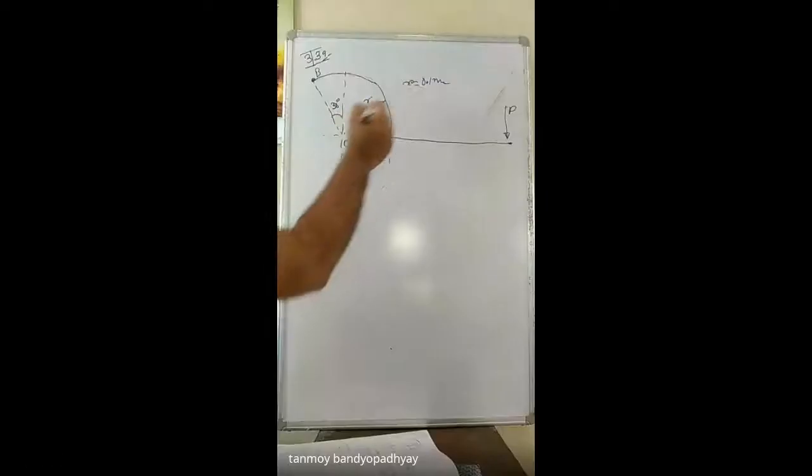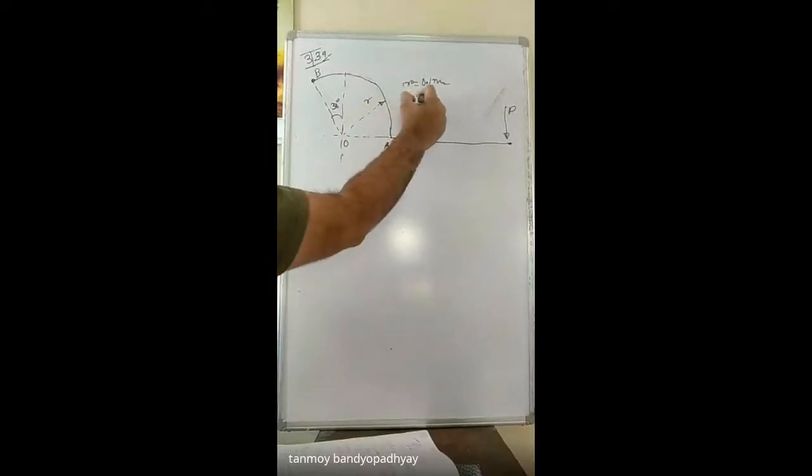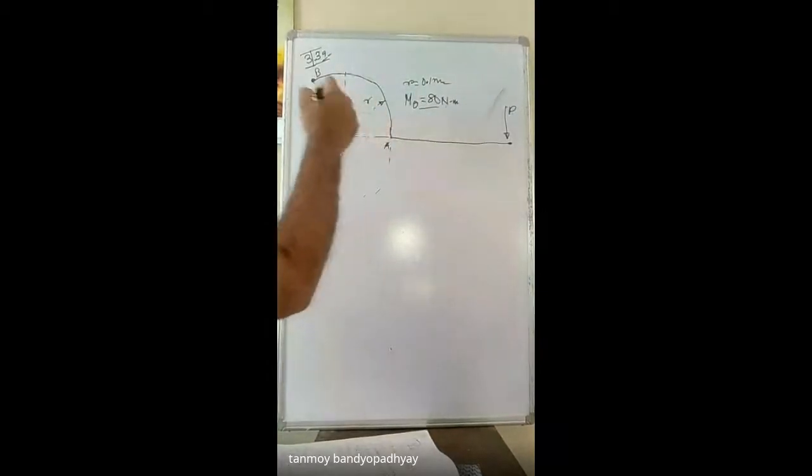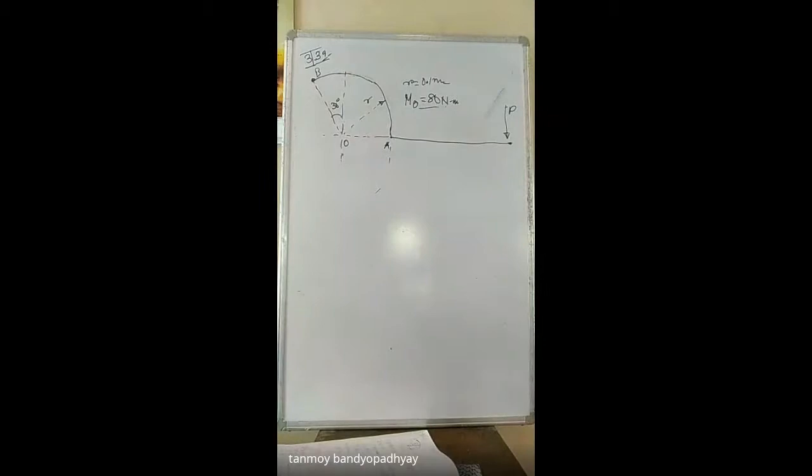A moment of 80 Newton meter applied at the point O is required to turn the collar about its center O under the action of the applied force P. We need to determine the contact force at A on the smooth surface, and the engagement of P may be considered to occur at the periphery of the collar.